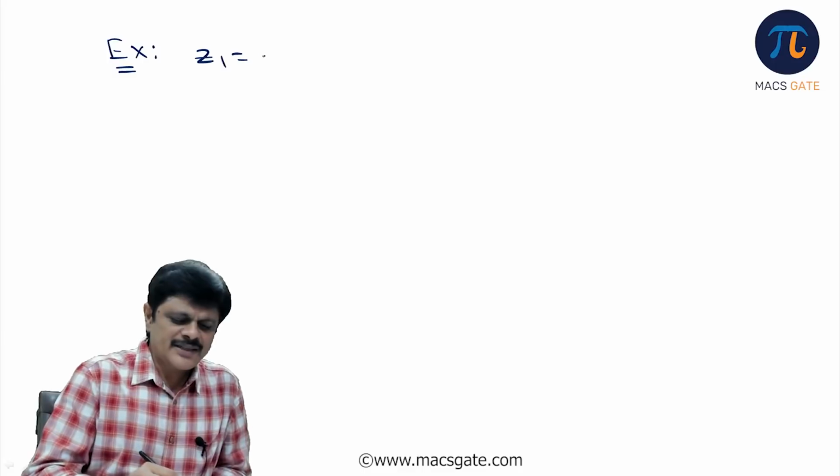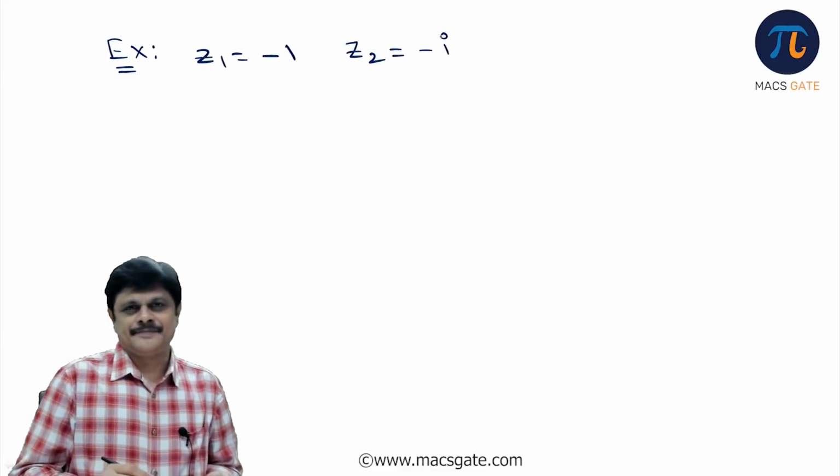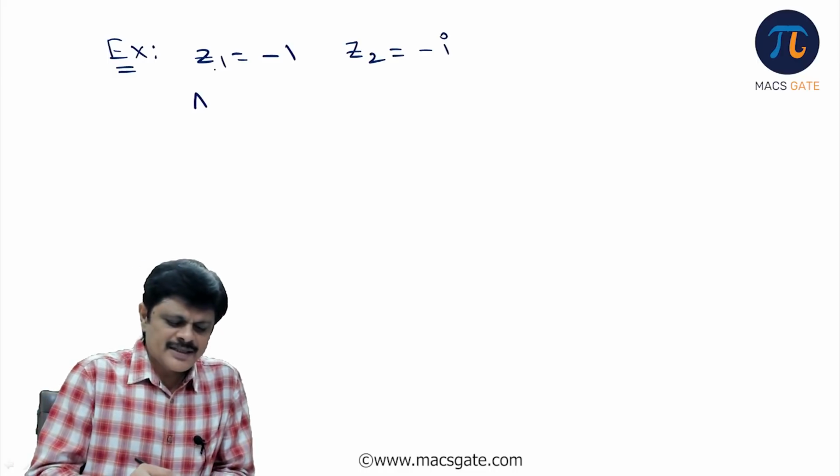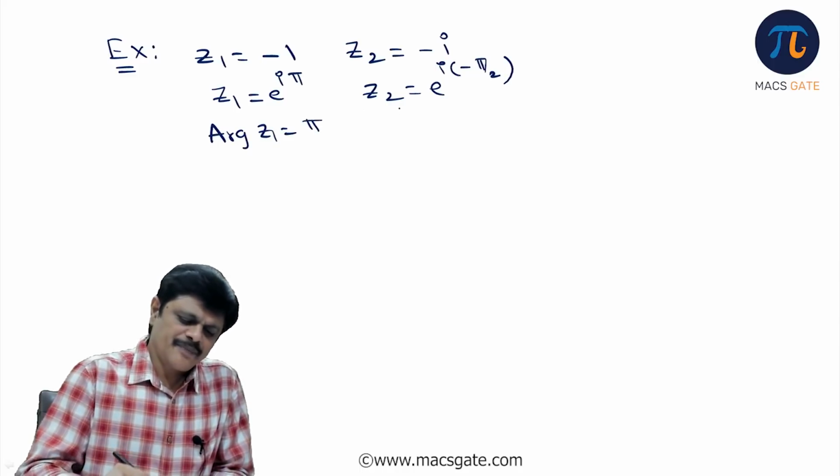Let us take one more example. z1 is say minus 1 and z2 is say minus i. Again write exponential form: e power i pi for this, and this is e power i minus pi by 2. So what is the principal argument of z1, sir? Pi.